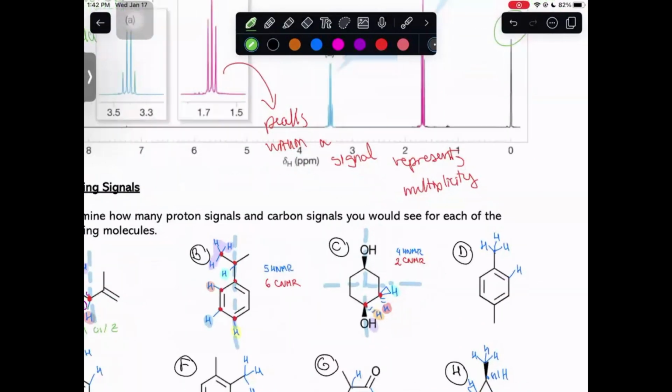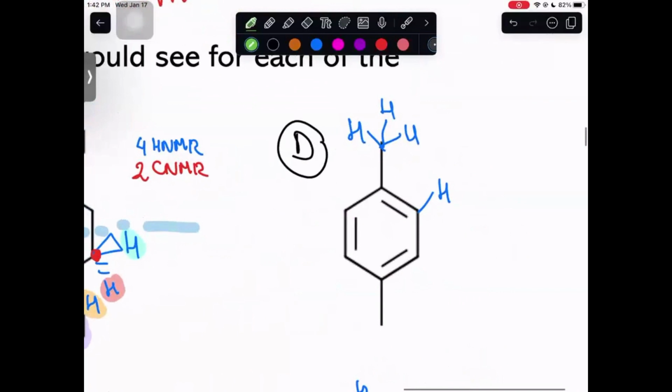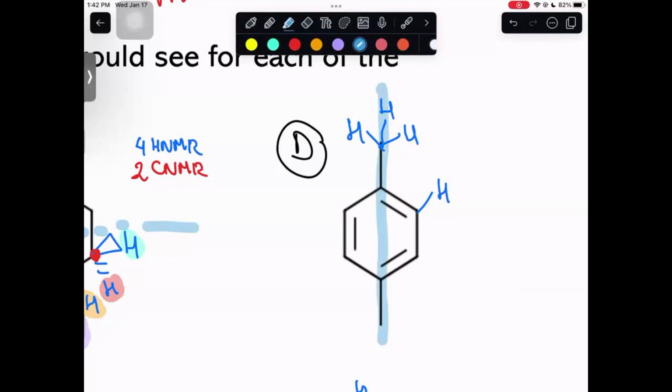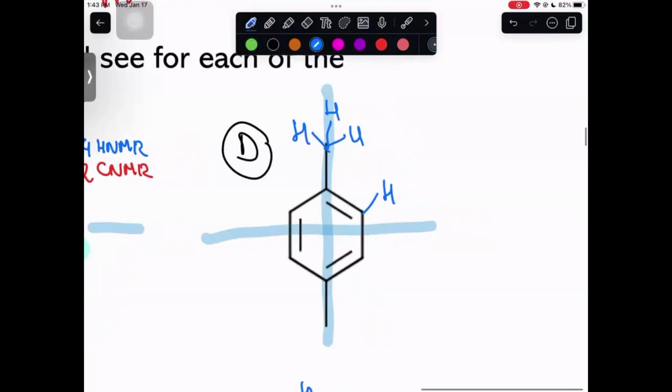Okay. Now, for molecule D, do we have any planes of symmetry? Yes, how many? You have 2. You have one right in the middle and right across from it. Now, for HNMR, how many total signals do you see? You just see 2: the ones in the methyl group, and then the only other hydrogen that sits there.